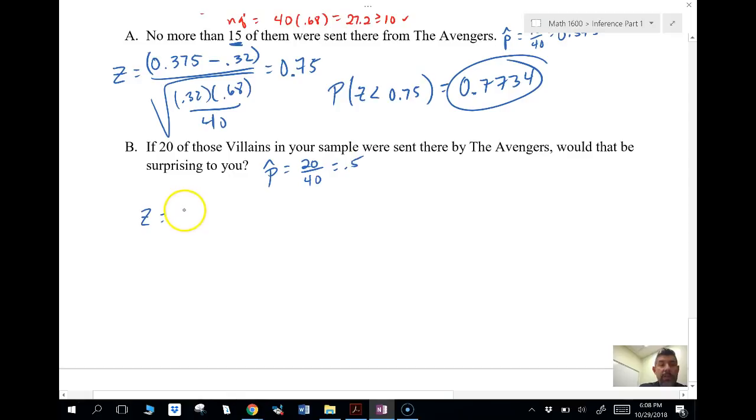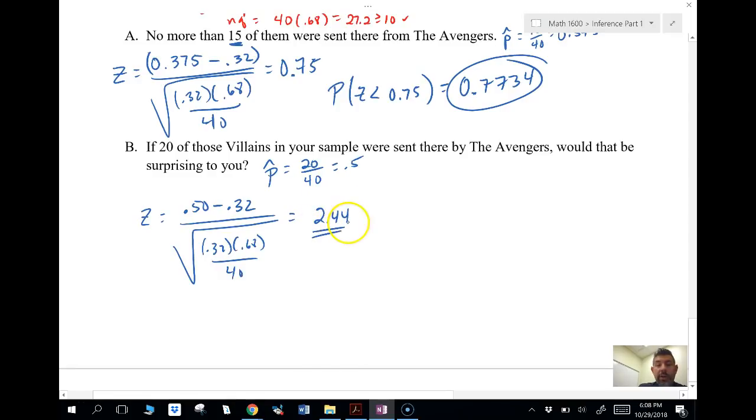And then we're going to find the z-score. So 0.5 minus 0.32 over the square root of 0.32 times 0.68 over 40 is going to be 2.44. And sure enough, look at that. So we would say yes, that would be surprising. Yes, I'd be surprised. Why?